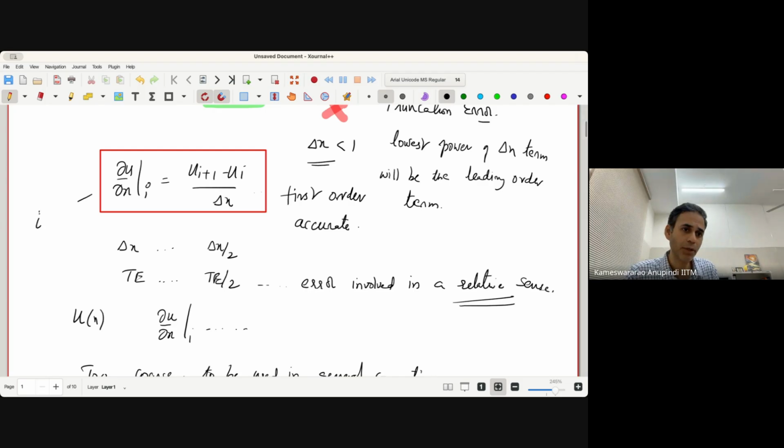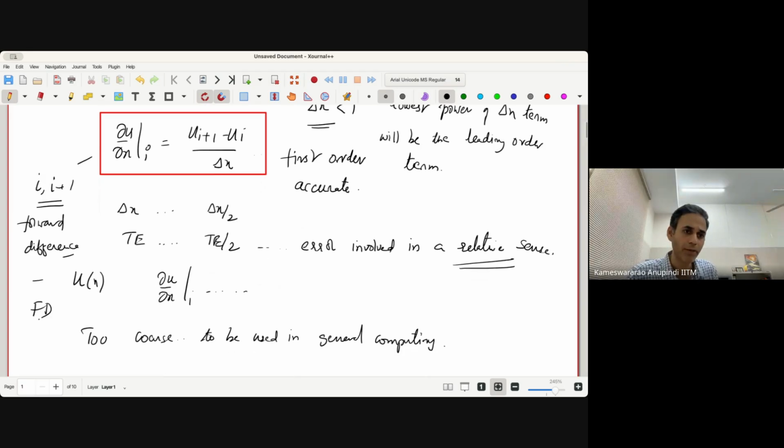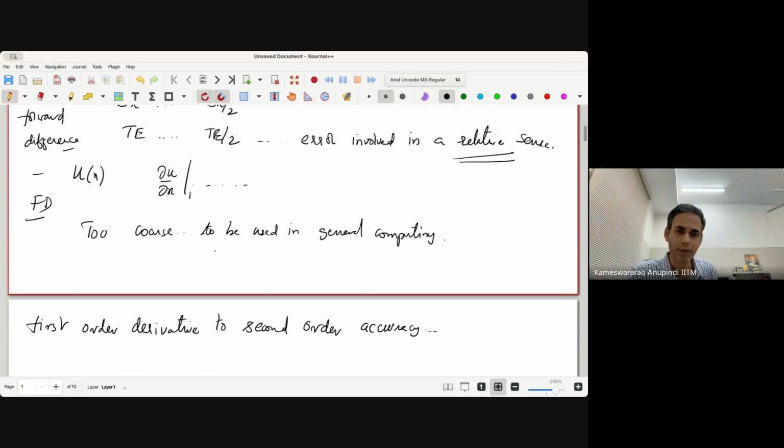So this formula only makes use of i and i plus 1. We can call this a forward difference formula, because at the grid point i, we're using i and i plus 1. So this is a forward difference, or FD, formula.